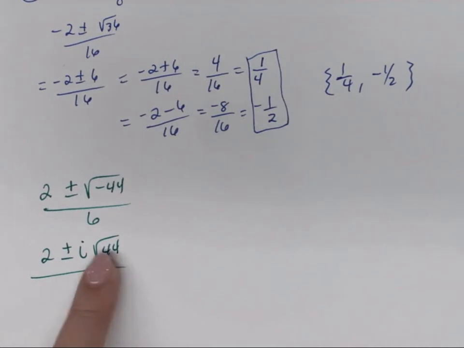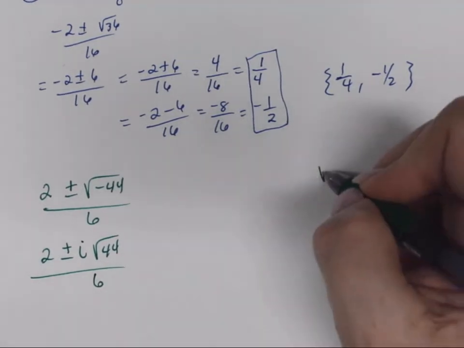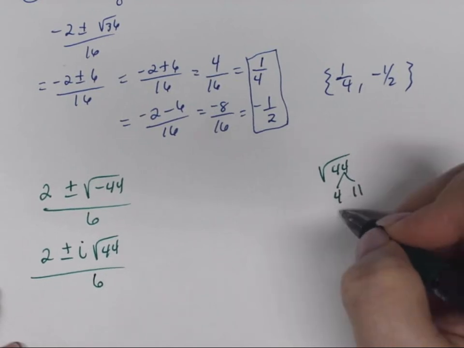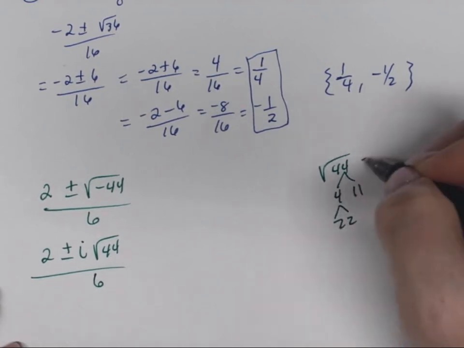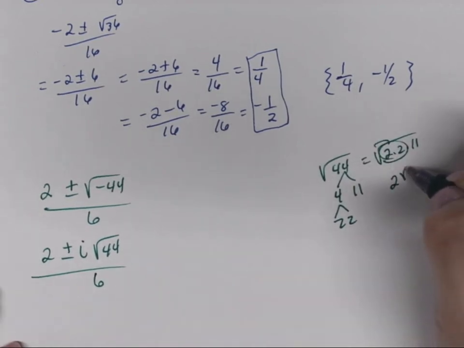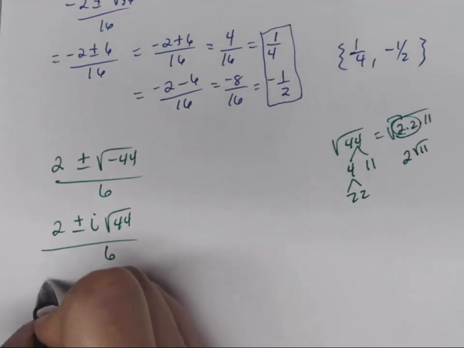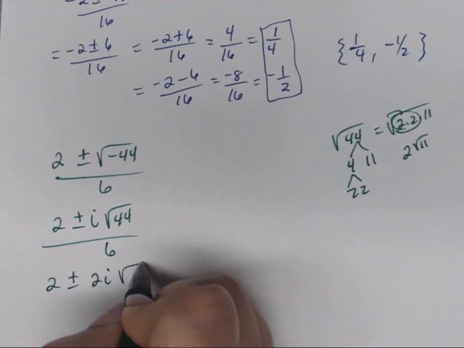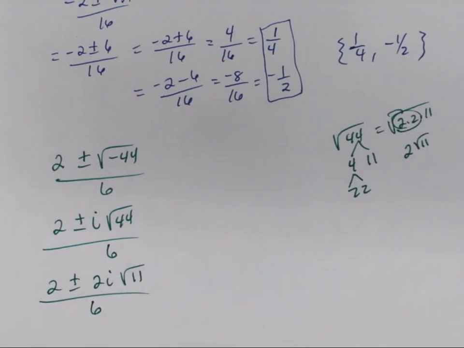Well, you got to break down that square root of 44. So that would be like 4 times 11, which is 2 times 2. Square root of 2 times 2 times 11. Got a group of 2. So 2 square roots of 11. So this becomes 2 plus or minus 2i square root of 11 all over 6.